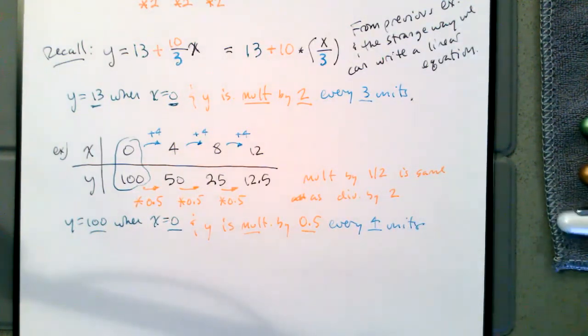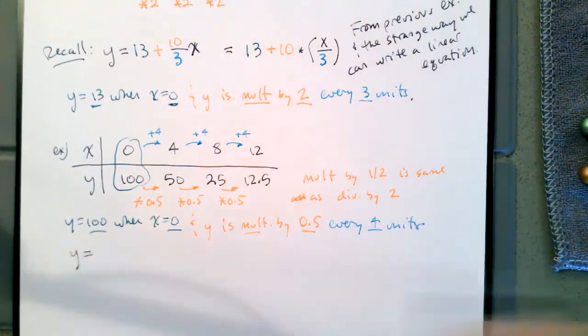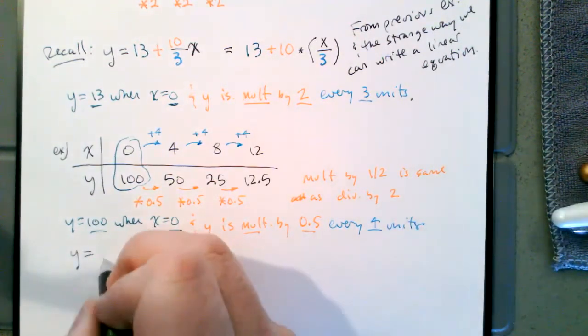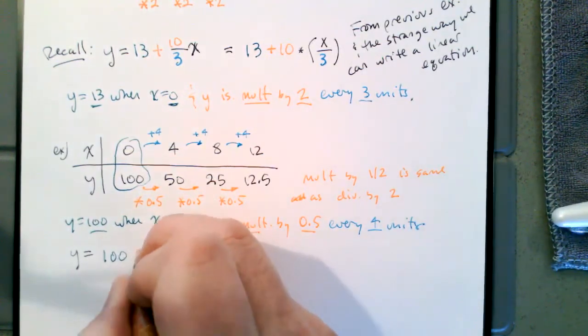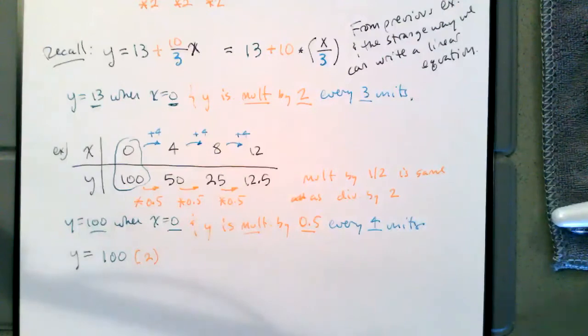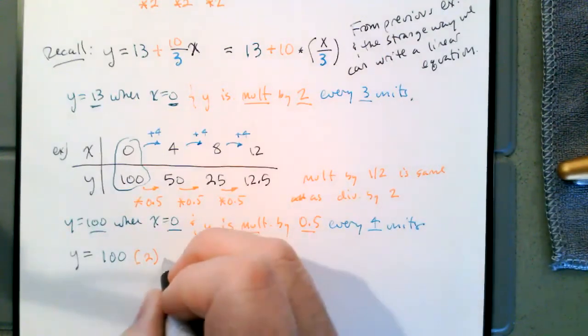So we can write an equation. Y is equal to 100, and then we multiply by 1/2 every 4 units.